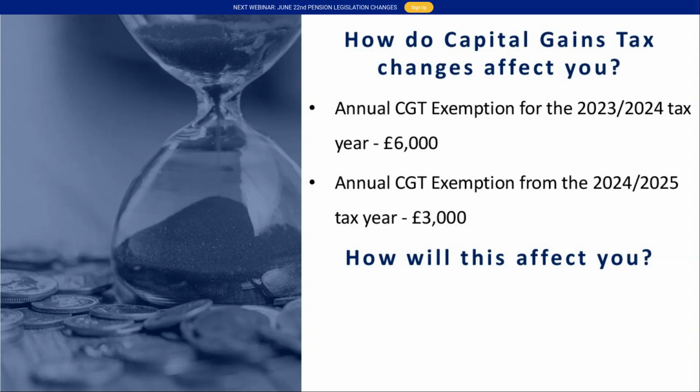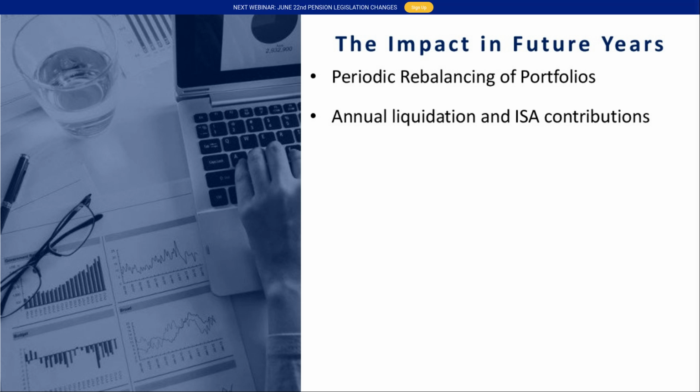So what will be the impact in future years? Periodic rebalancing of portfolios and annual liquidation and ISA contributions will be impacted in future years, because if you think of your portfolio and you think of the fact that it might be in an unwrapped general investment account, for instance, if you were to rebalance that portfolio on a periodic basis, because it's not in a CGT shielded environment, buying and selling of stocks and shares within your portfolio will generate a gain or a loss within the tax year.